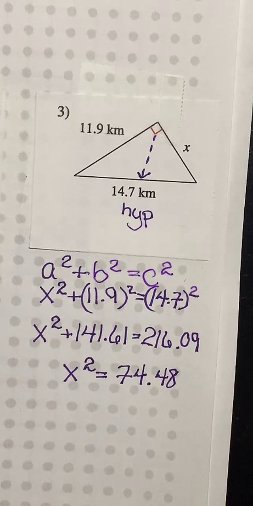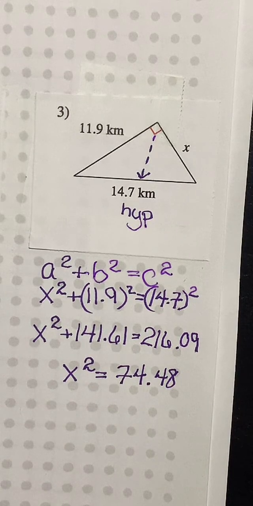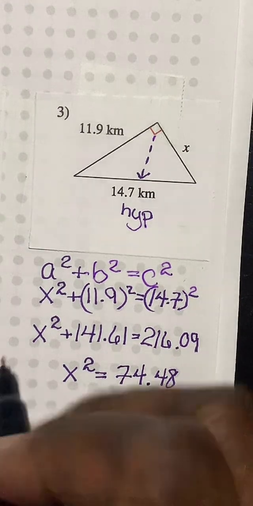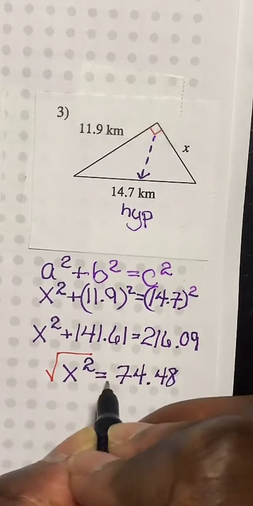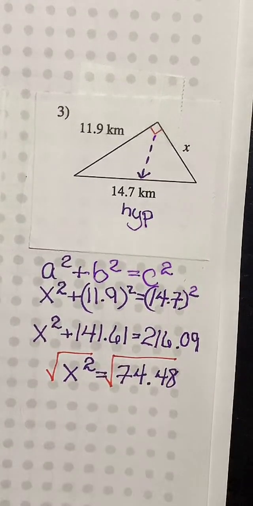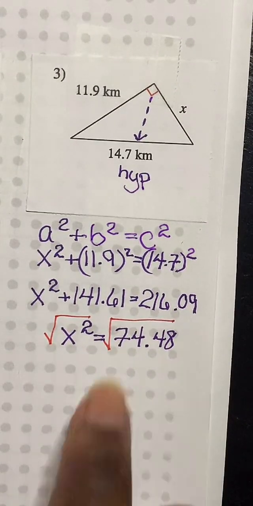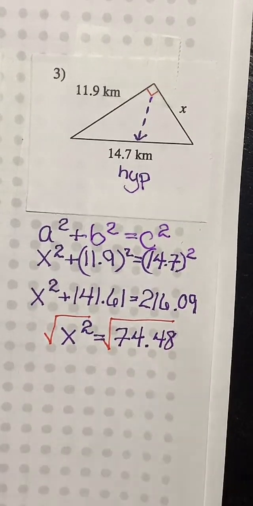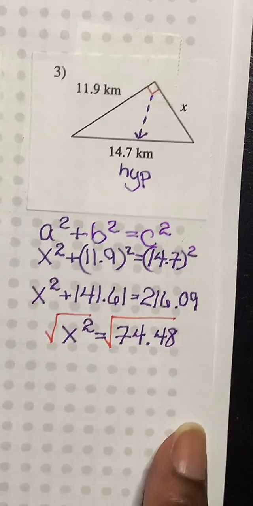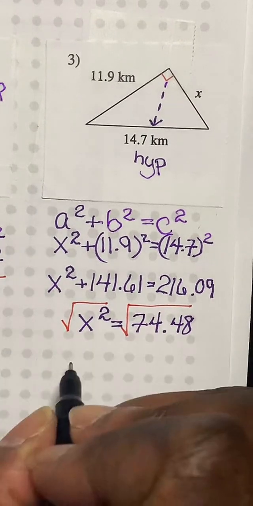All right. So now we want to get x by itself. So we want to take the square root of both sides. And I know for a fact that 74.48 is not a perfect square. So it's not going to be nice and easy like we just had it.